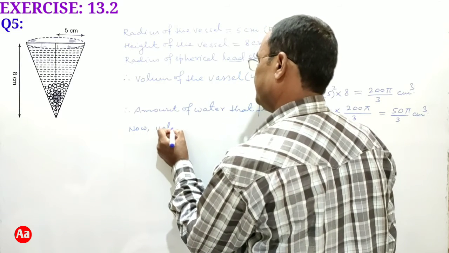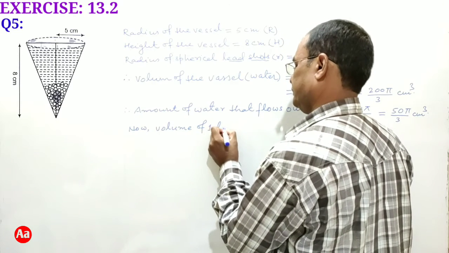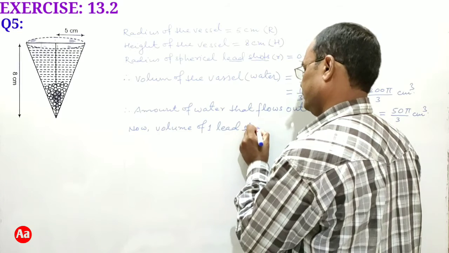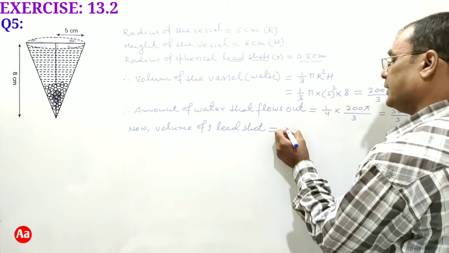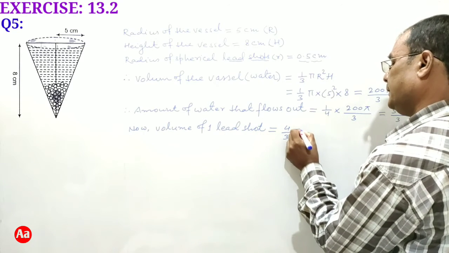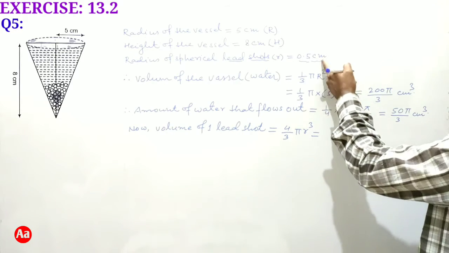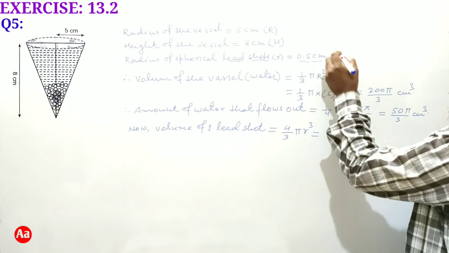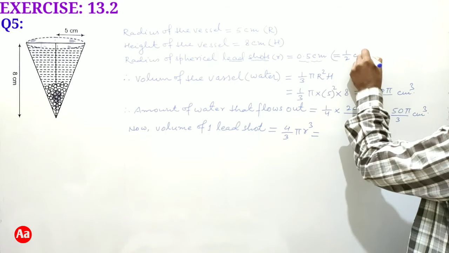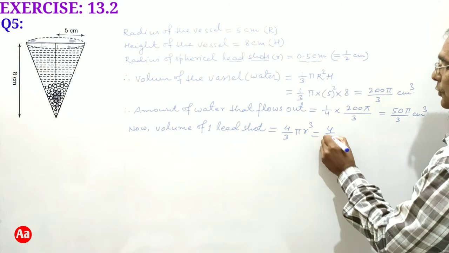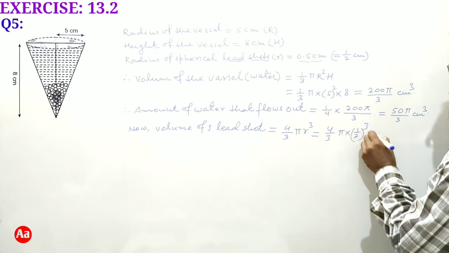Now volume of one lead shot is equal to, it is spherical in shape, so 4/3 pi r cube. Put the value of radius 0.5 centimeter. We can also write 1/2 centimeter. So 4/3 pi into 1/2 centimeter cube.